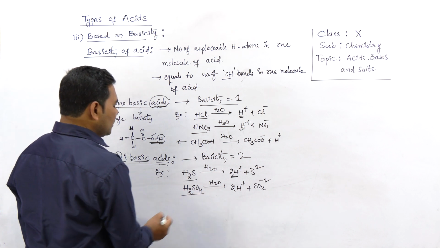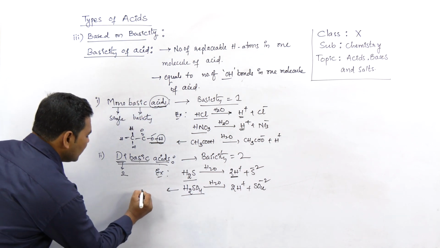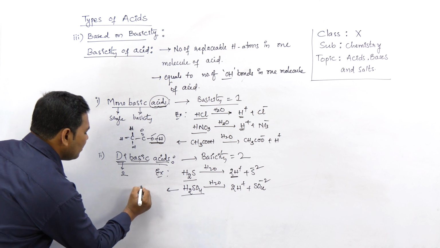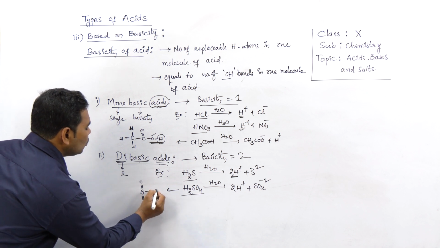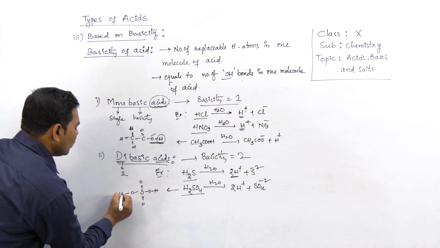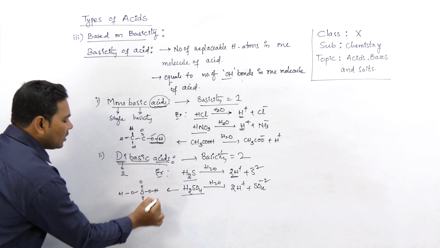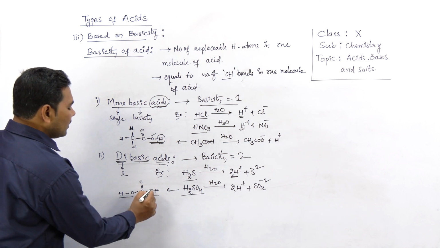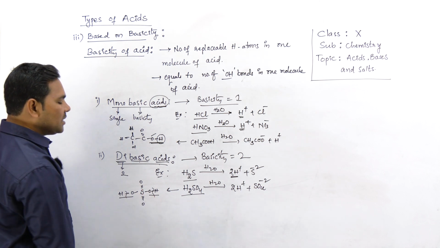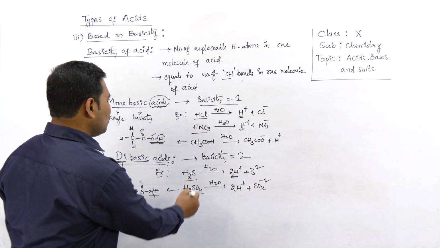Now if you look at the structural formula of H2SO4, S will be at the center, with 2 double bonded oxygens and 2 OH groups. In this one molecule of sulfuric acid, we can find 2 OH groups, and these 2 hydrogens are replaceable, and hence H2SO4 is a dibasic acid.